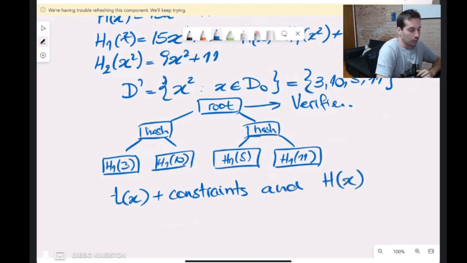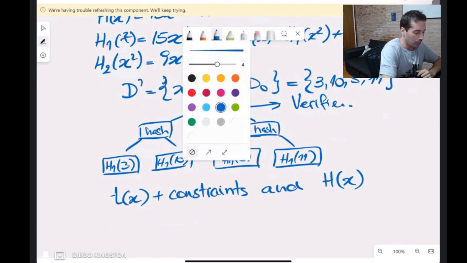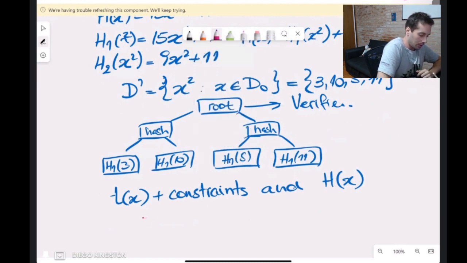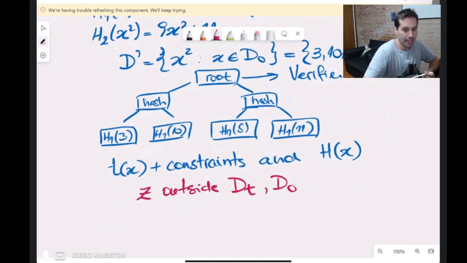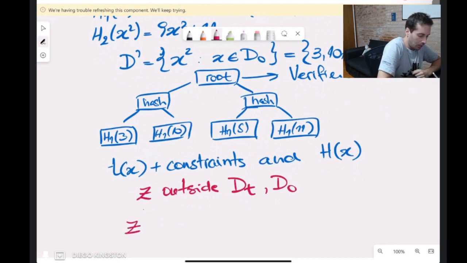And to check that consistency, what we are going to do is sample z, which is outside Dt, which is the interpolation domain, and D0. So for our particular case, the only possibilities are that z belongs to 2, 8, 9, and 15.